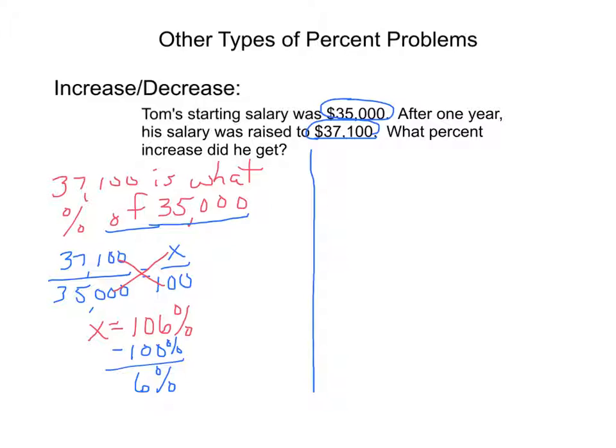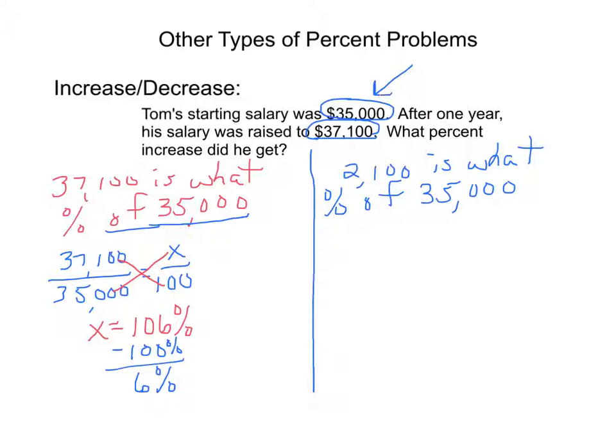If I subtract 37,100 minus 35,000, he really got a $2,100 raise. So I would put down a question. What I really want to know is 2,100 is what percent of 35,000. You always compare the increase or the decrease to the original amount whenever you're doing increase-decrease problems.